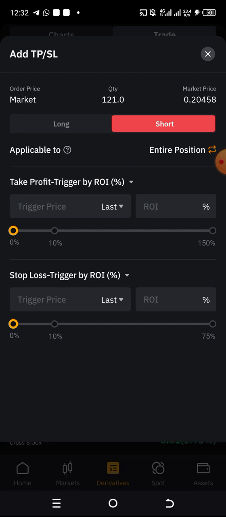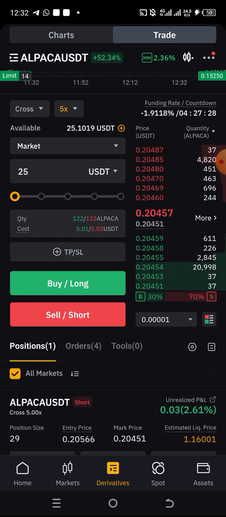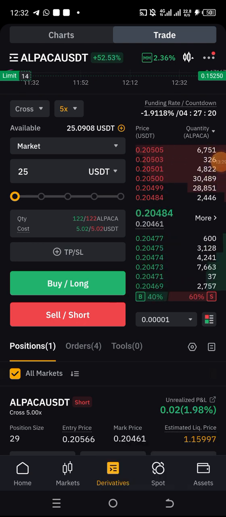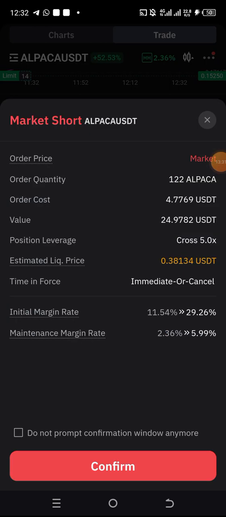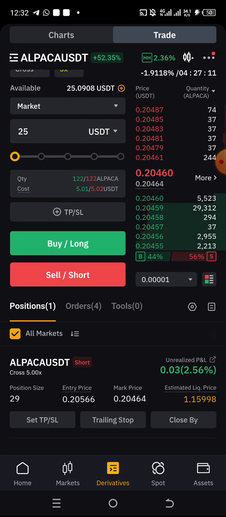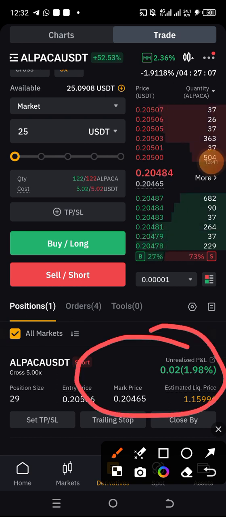Then you click on confirm, and the next thing you need to do is to click on the sell or short trade button, this particular one. Immediately you click on it, you confirm, and once you confirm, your trade will be executed successfully, and you are going to see something like this.